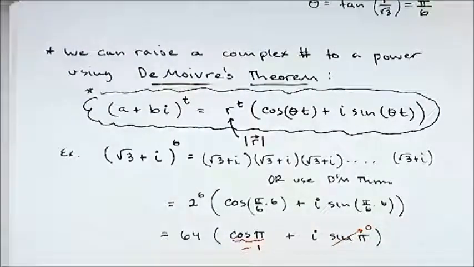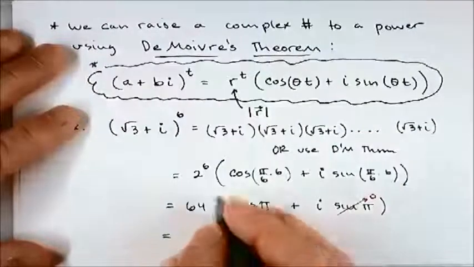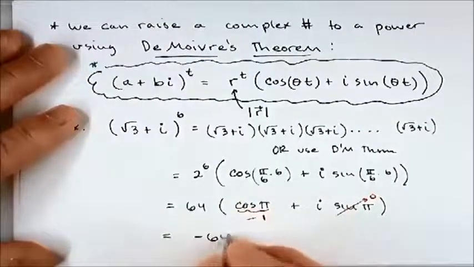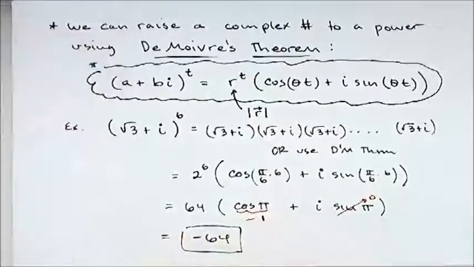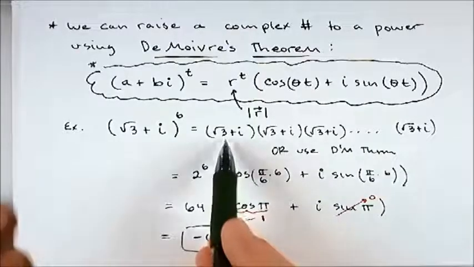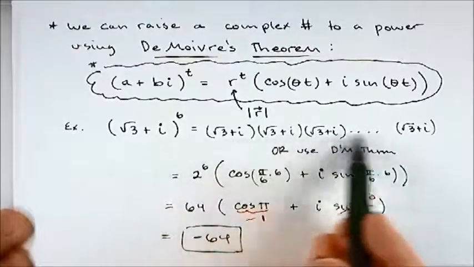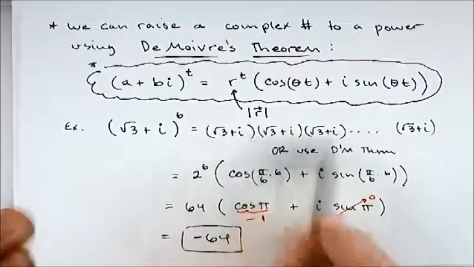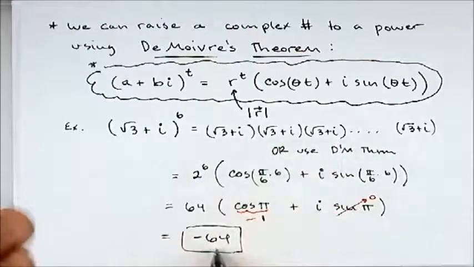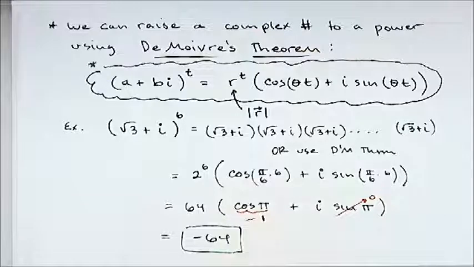So this just ends up being -64. If you were to have the time and energy to multiply out root 3 plus i times itself 6 times, what you would see is a bunch of stuff canceling out, and eventually you would end up with the answer -64.